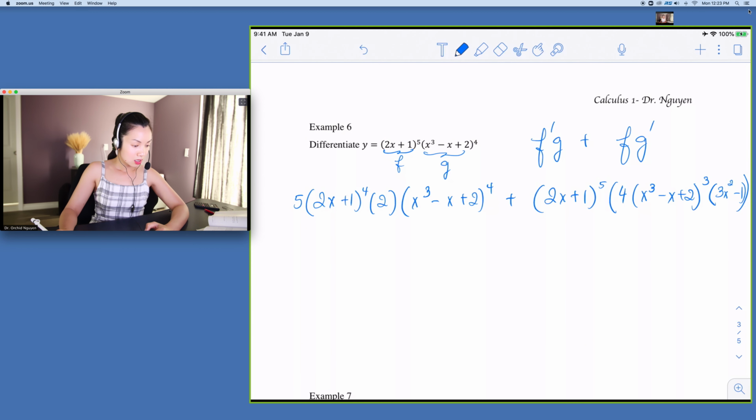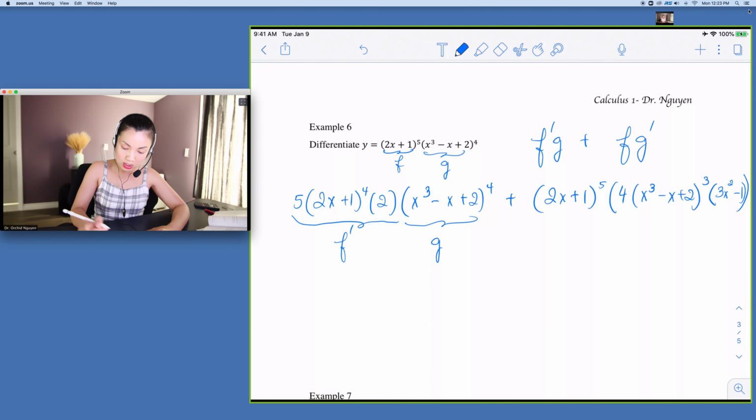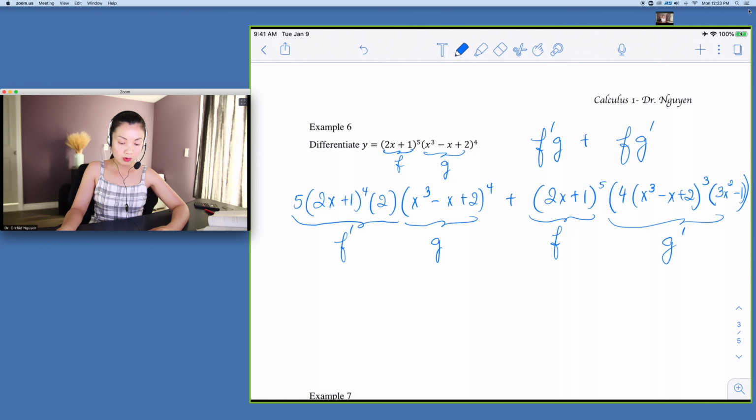Okay, let me just rewrite for you. So this whole thing is f prime, this is g, this is f, and this whole thing is g prime. Okay, so now we just have to simplify it. Actually, the only thing I can do is multiply this.